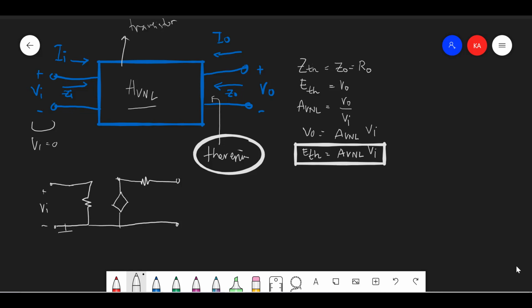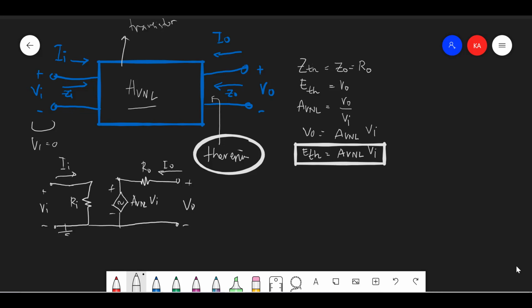This is connected to the ground, and then we have the input resistor here, and then we have the gain AVNL dot VI here, and then we have the output resistor here, and then we have the output voltage here. We have the output current, and we have the input current here.